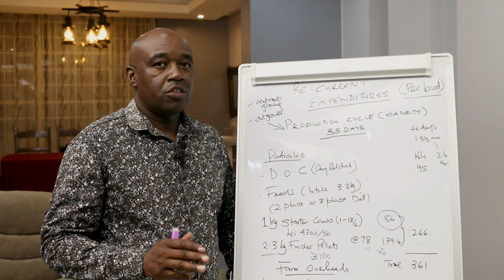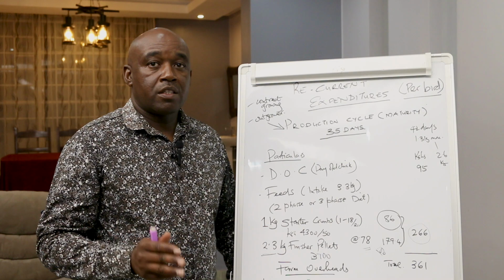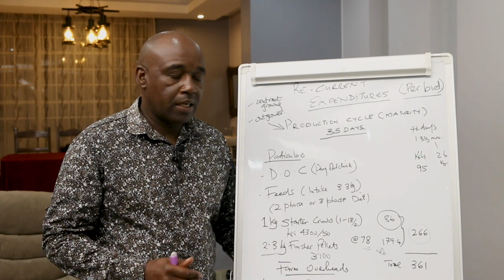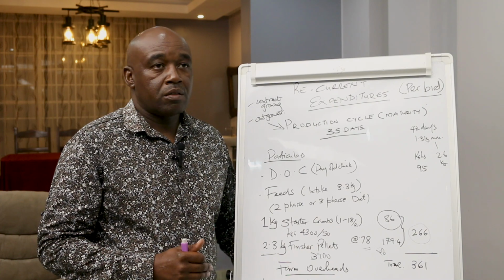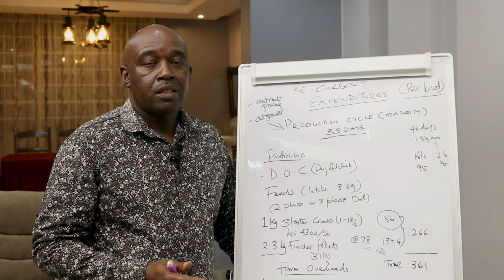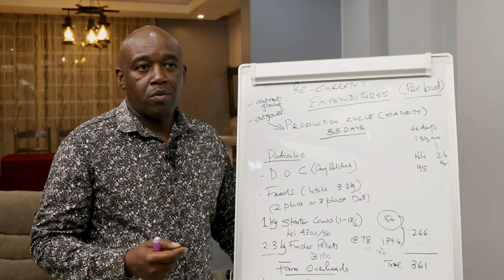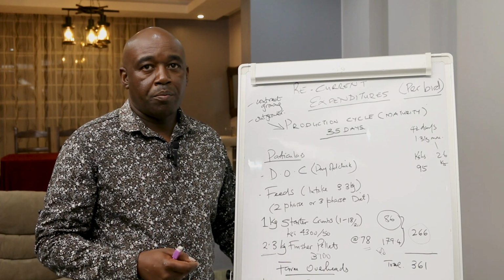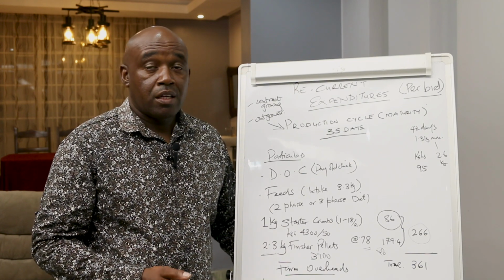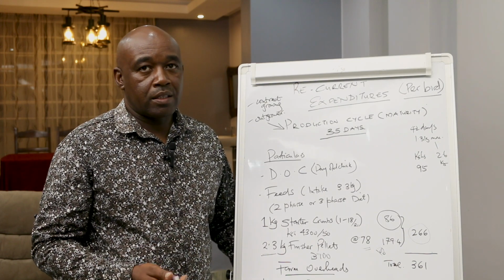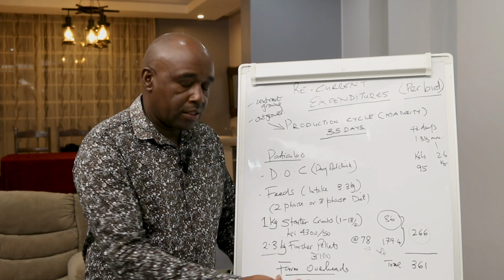That's again using probably a good heating system, like a gas brooder or a gas heater. If you're using probably a Jetmaster or a space heater, which uses diesel, and you're keeping more birds, that cost may be slightly lower than this. If you're using charcoal, that cost may actually be higher than this. But let's take the middle figure of 8.